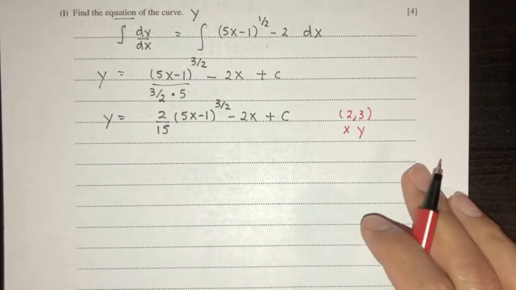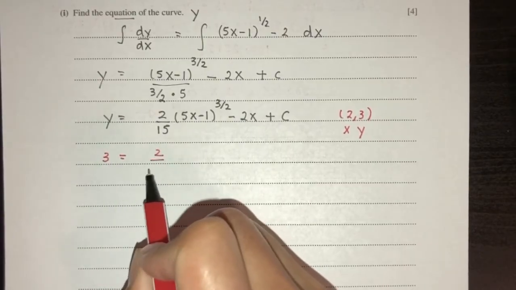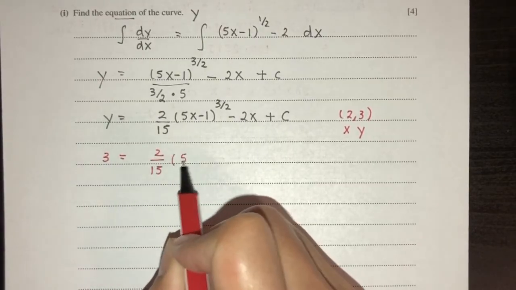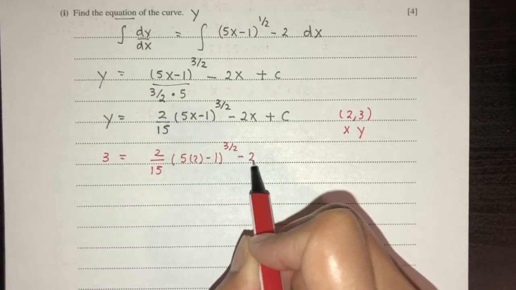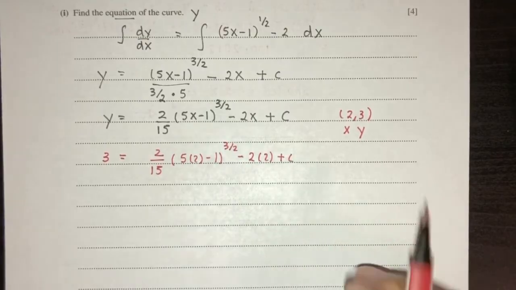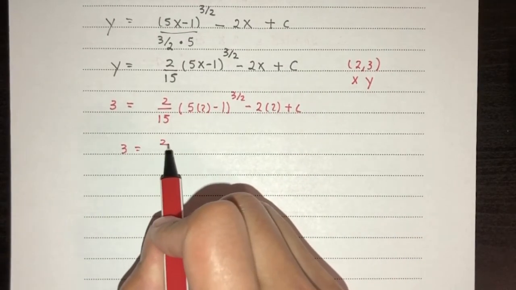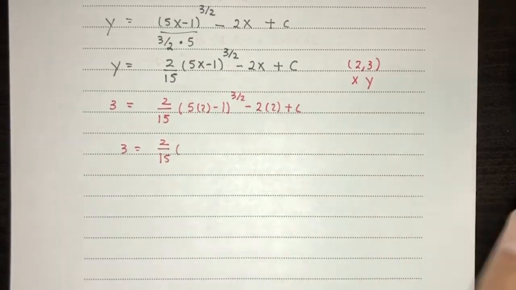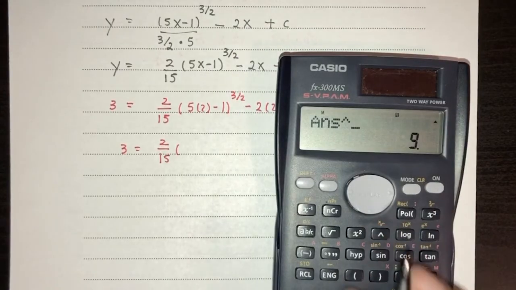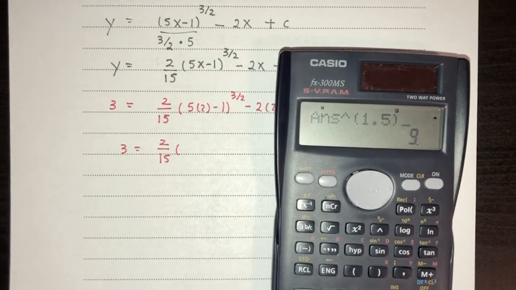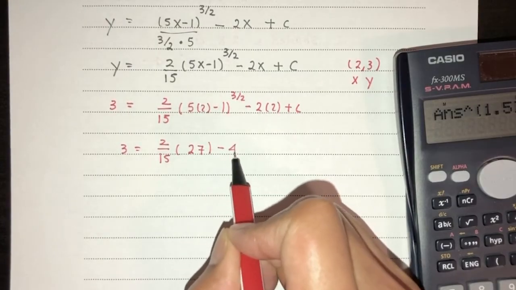To find the value of c, replace: 3 is equal to 2 over 15 times (5 times 2 minus 1) to the power 3 over 2, minus 2 times 2 plus c. Now simplify, you will have 3 equal to 2 over 15. That will be 10 minus 1 is 9, power 1.5. That will be 27, minus 4 plus c.